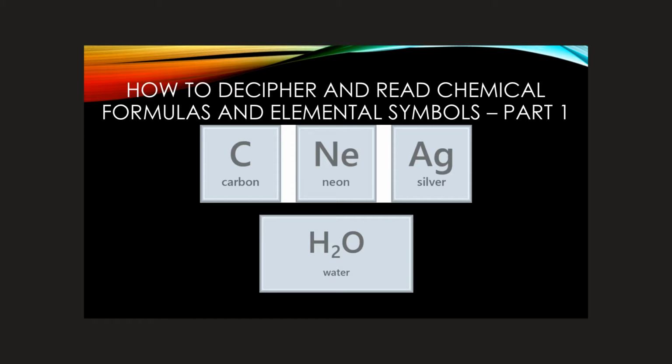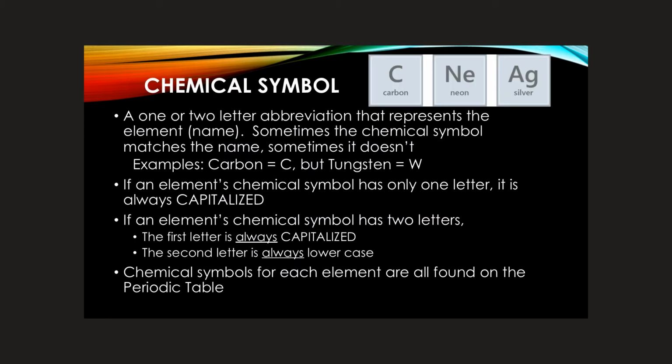Today's lesson is going to get us started down that pathway, understanding what is a chemical symbol and how do I determine how many materials or atoms and the type are in a particular compound. Okay, the first thing we have to understand is what is a chemical symbol.